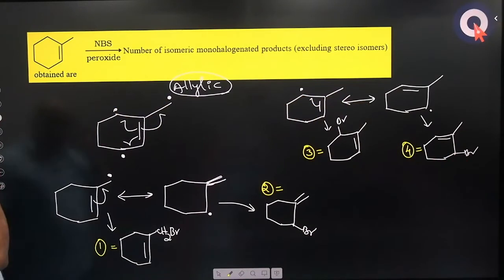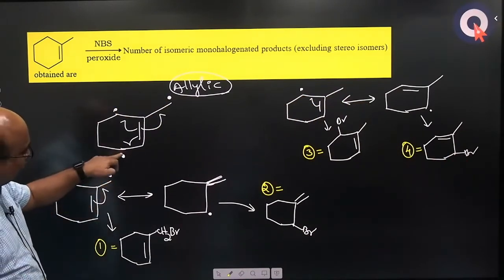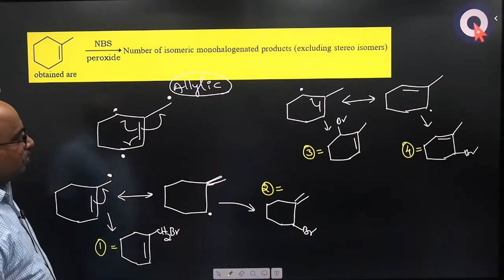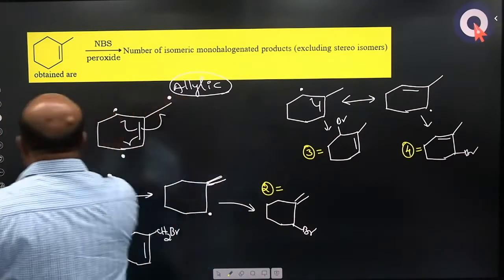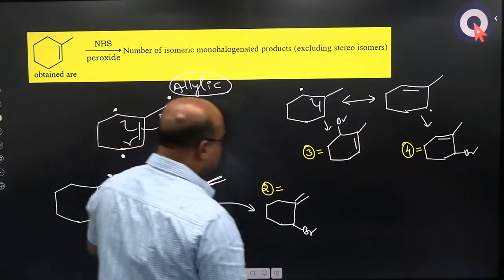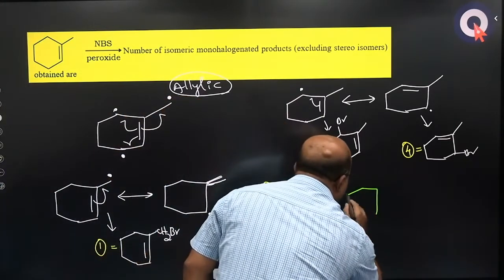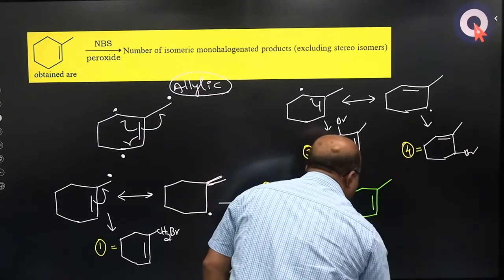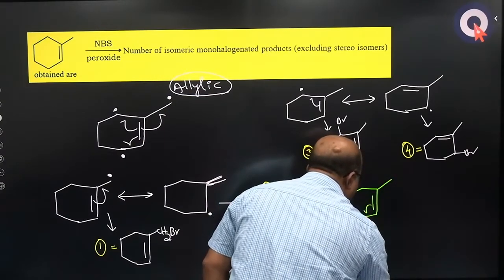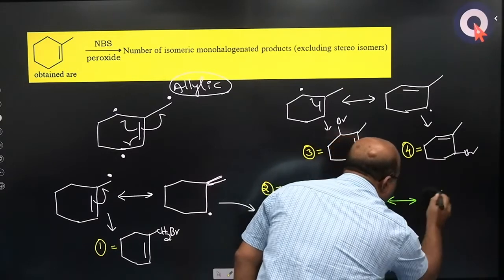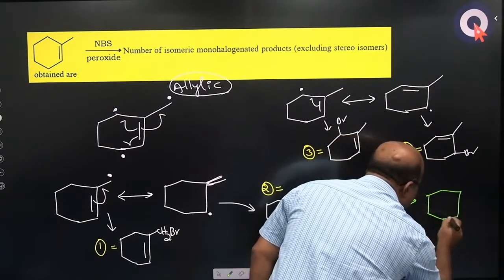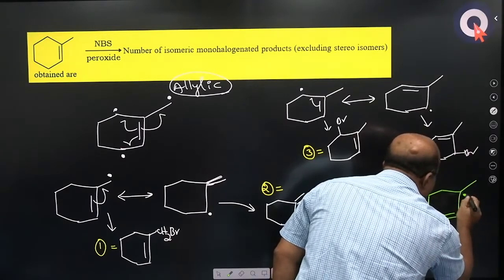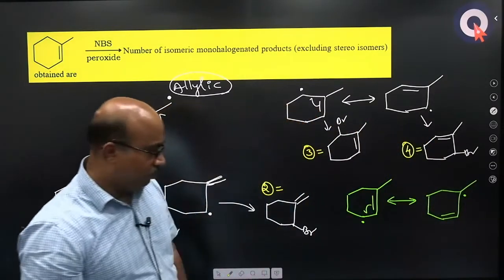What is the other possible case that we got? The allylic carbon, this. So what is the third one we are getting? We got a radical here, and the double bond is like this. Then this can resonate again like this, so you will see double bond formation here and the radical here.